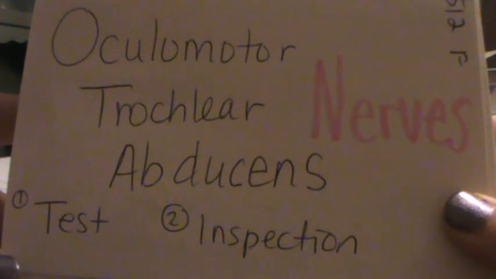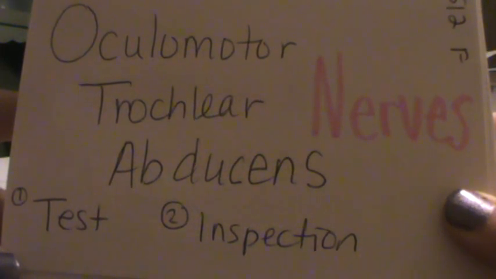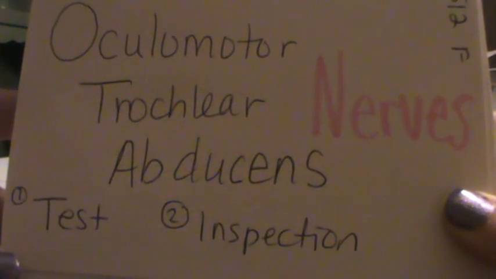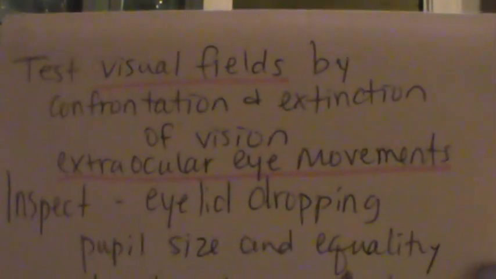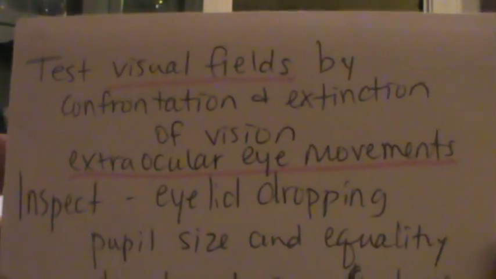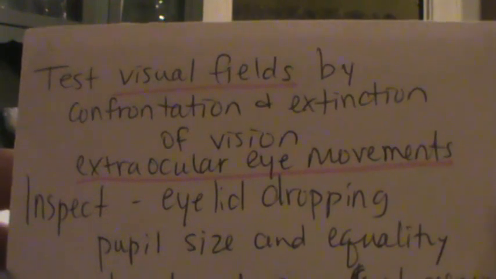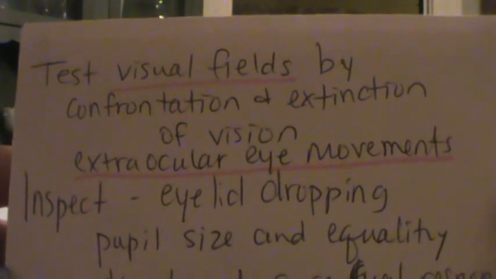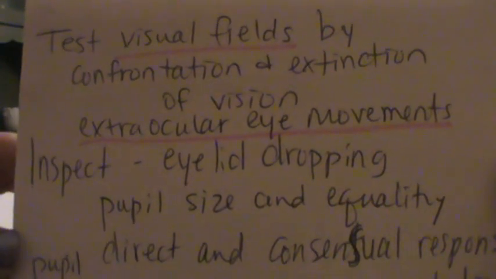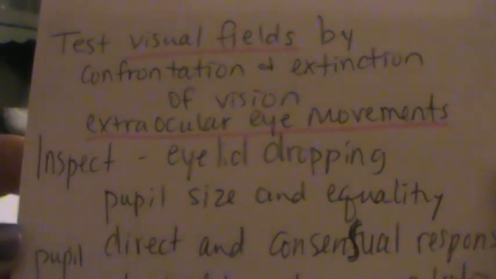The oculomotor, trochlear, then abducens nerves, test and inspection. Okay, so first we're going to test the visual fields by confrontation and extinction of vision. And we're also going to do extraocular eye movements.